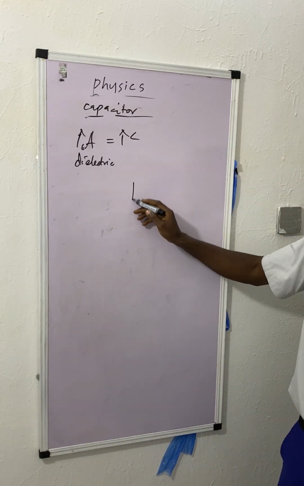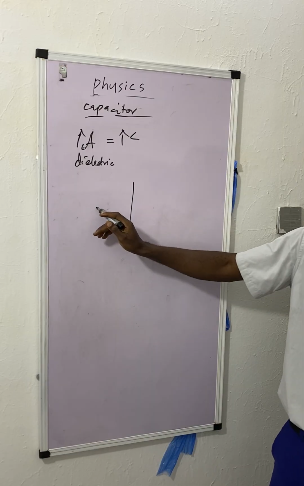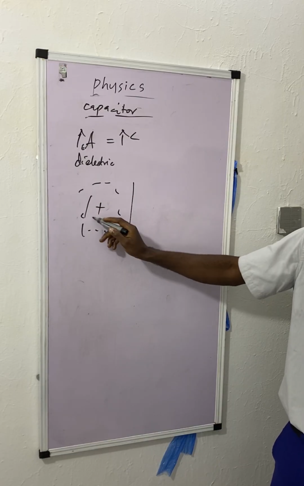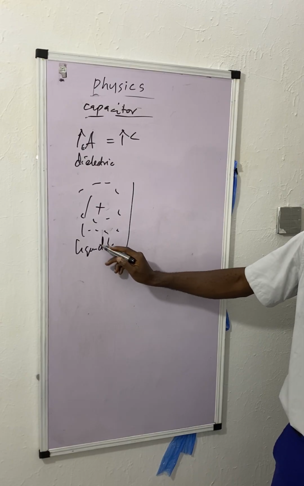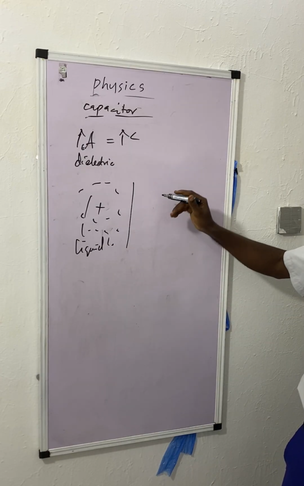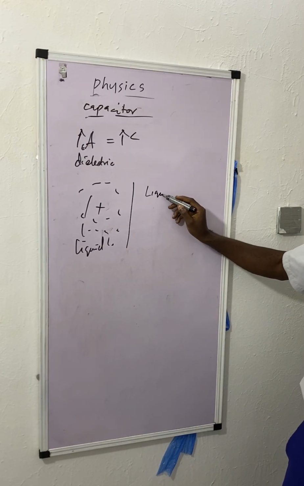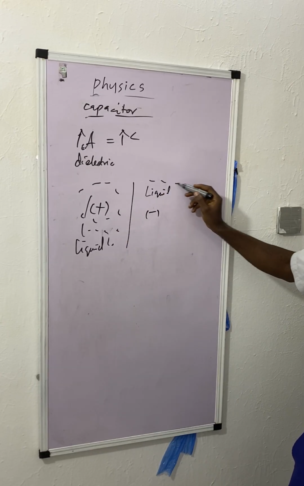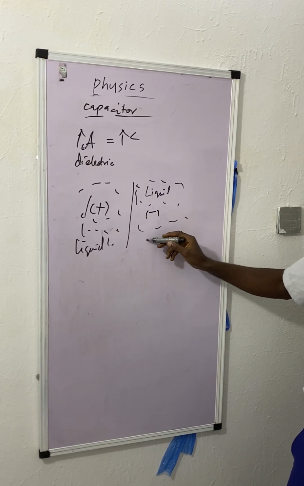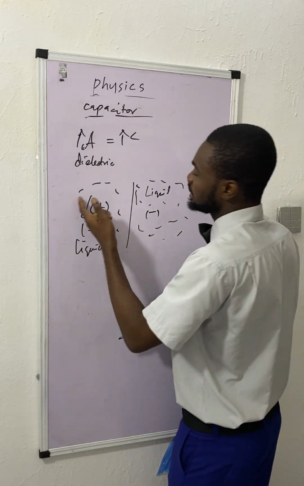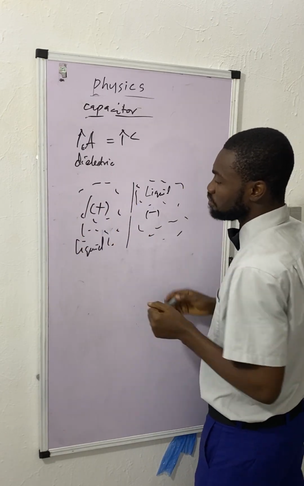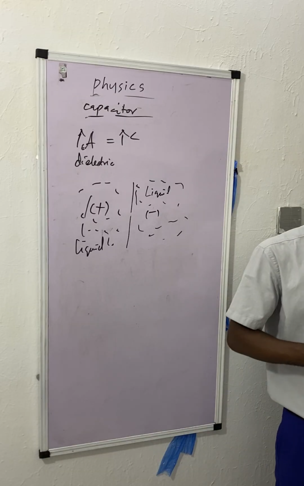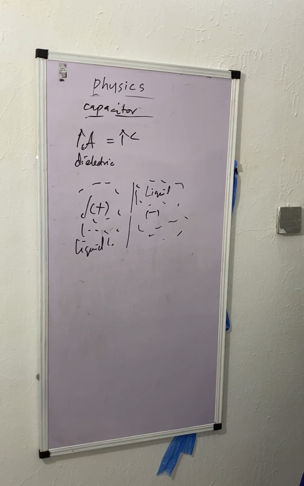So if you put the substance between here, you have positive charge and you have liquid here, and here we have, let's say, another liquid, a different liquid, but here we have negative charge. You know what dielectric does? It allows charge to be transmitted. Charge can move from here to here, but the liquid is not going to mix. That's what dielectric does.